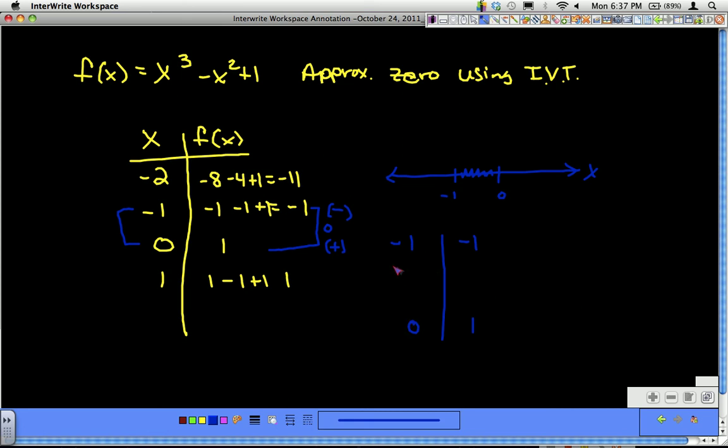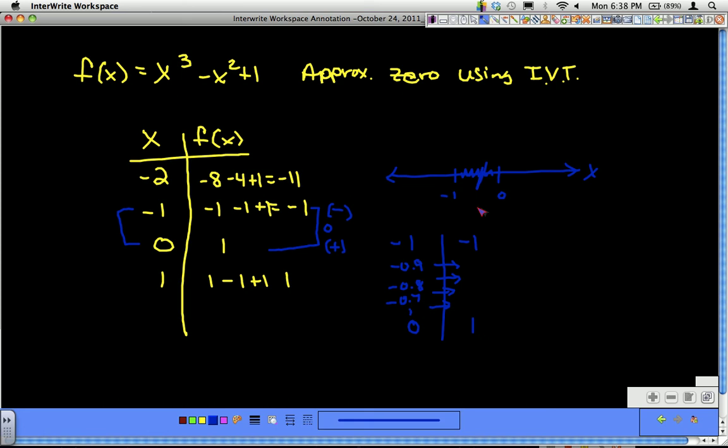I could go at negative 0.9 for my x value, negative 0.8, negative 0.7, and so on, and get my corresponding output for each of those. And I could go as far as I wanted. I could go to nearest tenth, which I did here, nearest hundredth, nearest thousandth, and I could keep getting more and more specific until I find exactly where I'm going to cross there.